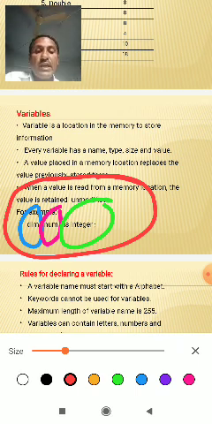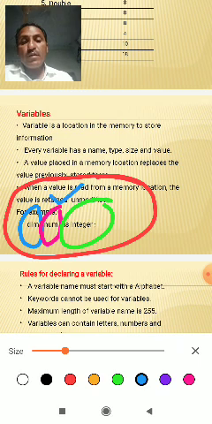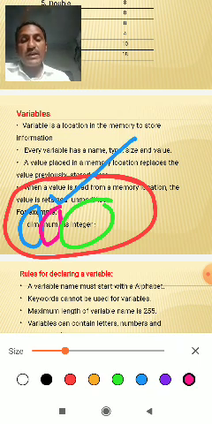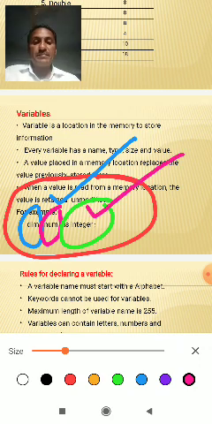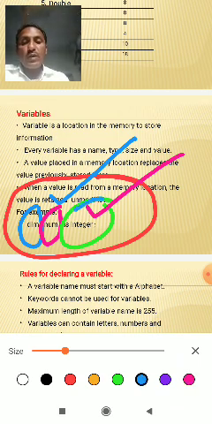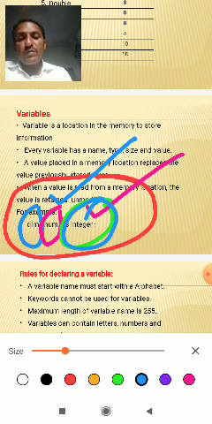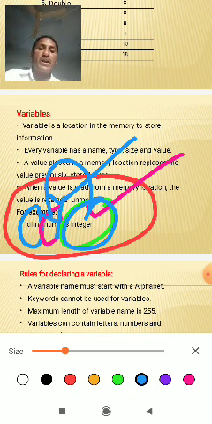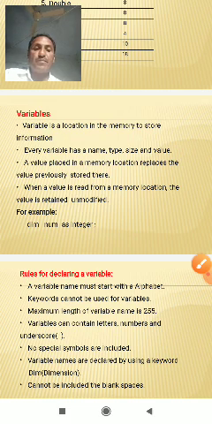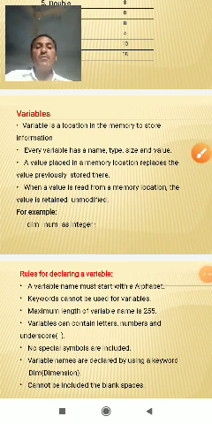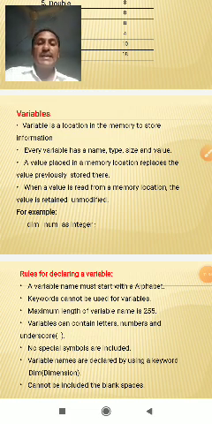Num is a variable name, and then the data type is integer. A particular value given is stored in num. This is called an example: Dim num As Integer.